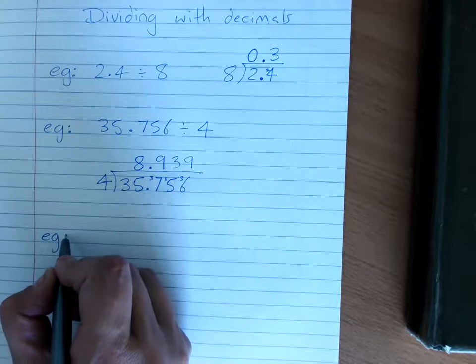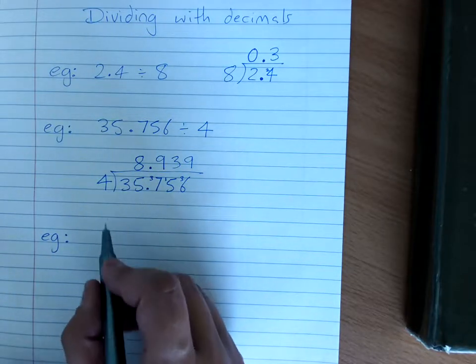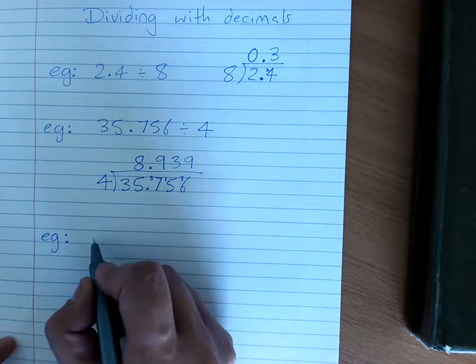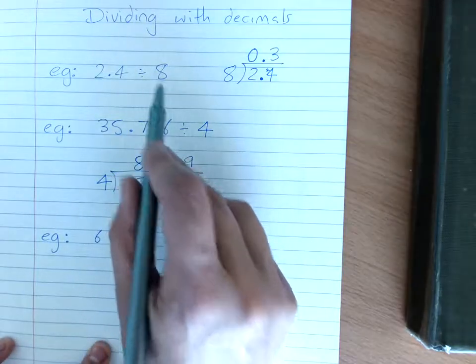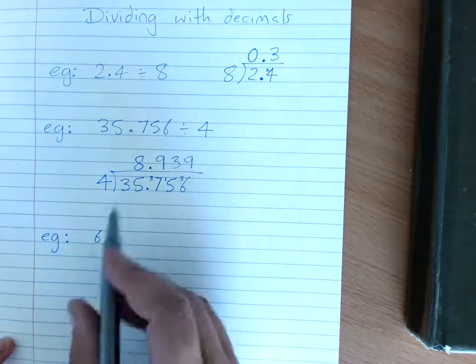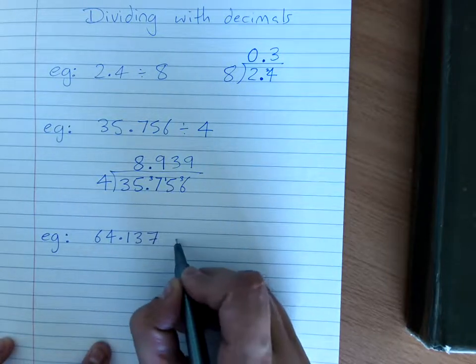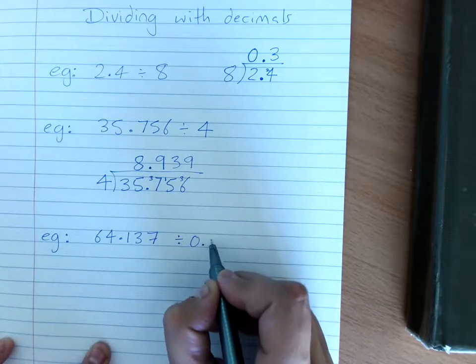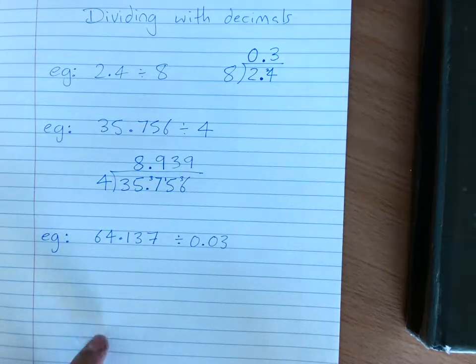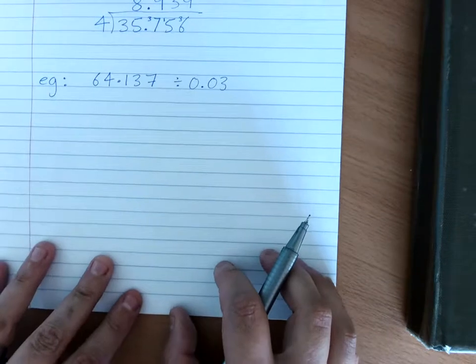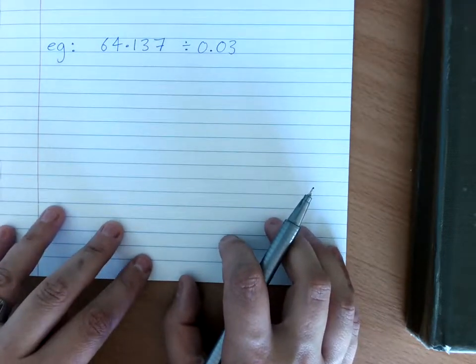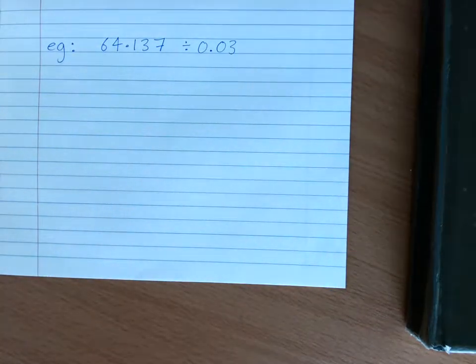Now the only thing that sometimes gets a little bit trickier is dividing by a decimal. See, here I was dividing by a whole number. Let's try this one. This is dividing by a decimal, and that's too hard.